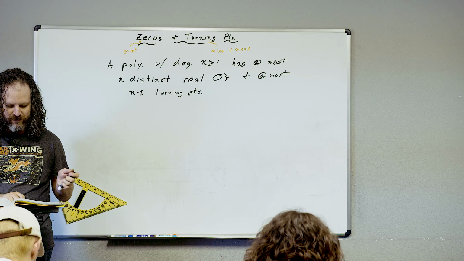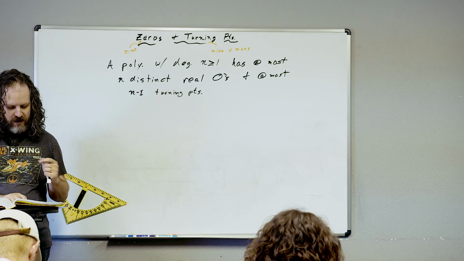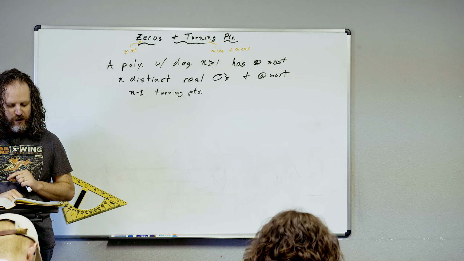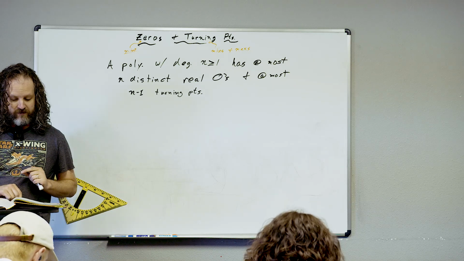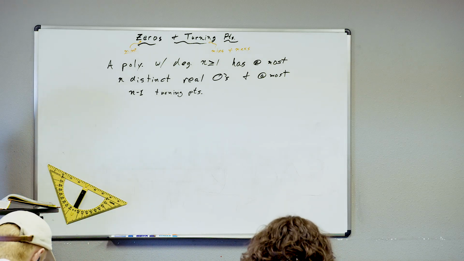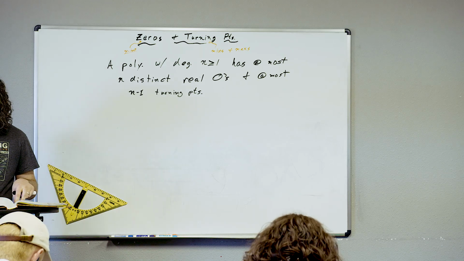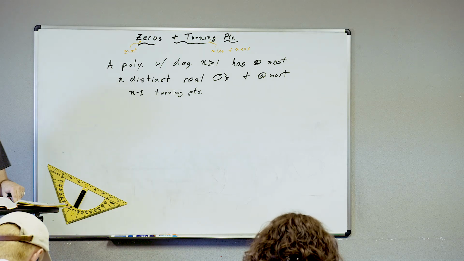Yeah, at most 2 turning points. That's true. We'll go back and do the second part of the problem here in a second, but let's look at 3B. So we could have how many zeros? 4. And at most how many turning points? N minus 1, so 3.